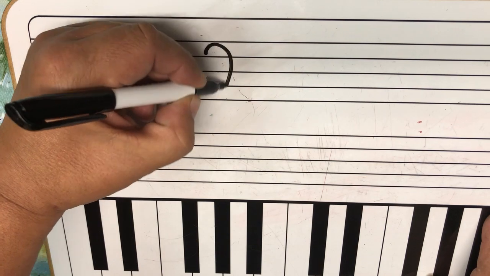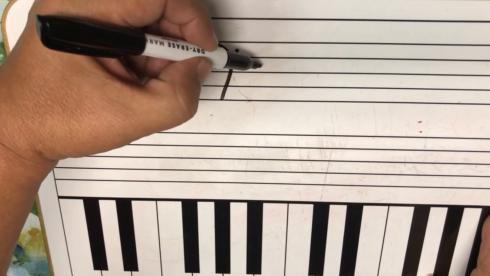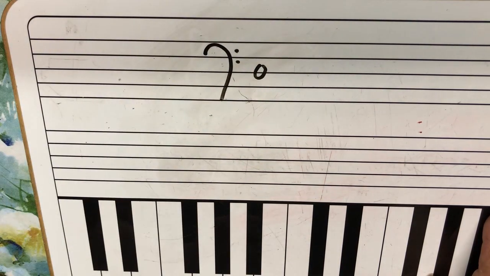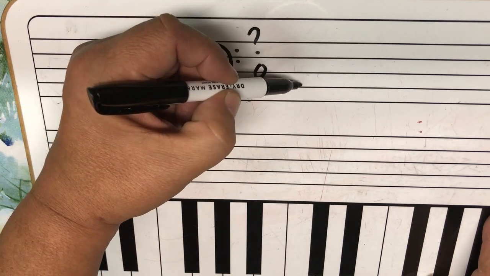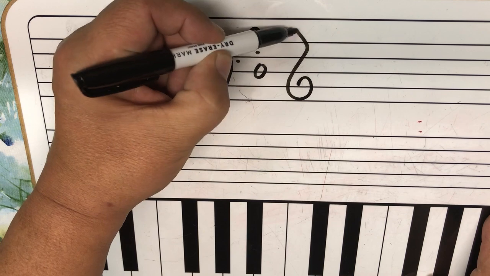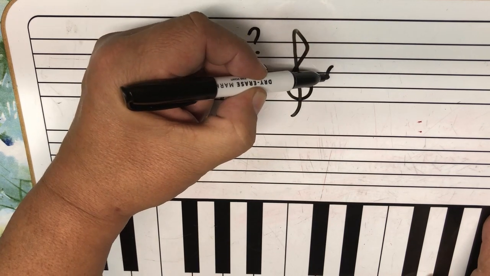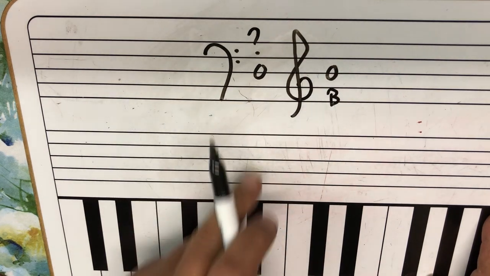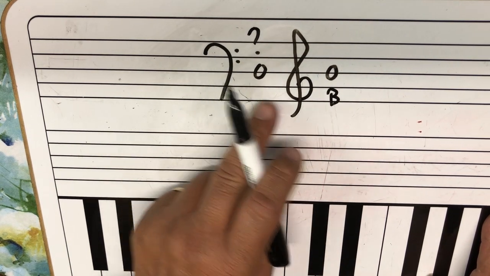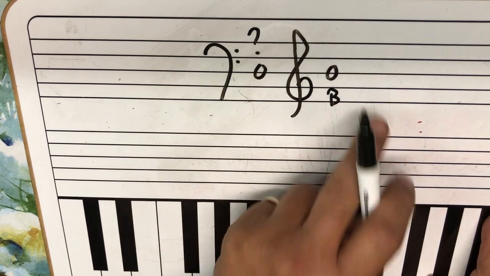Let's say you saw this note right there. Okay? Well, you could say, I don't know what that is, but what would it be in treble clef? Same line, different clef. And the answer is B. Now the way you get this note right here is you say, well, it would have been a B in treble clef.